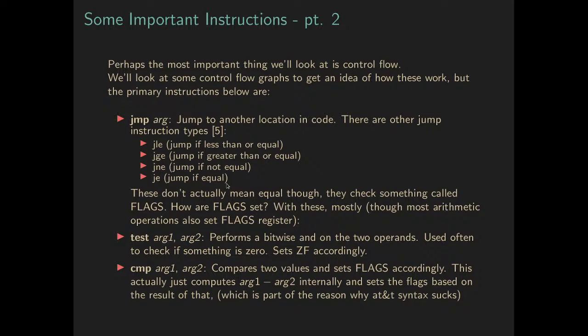So now we're going to mention what flags do. This is where the flags register comes in. Since all these jump instructions only take one argument, which is the location to jump to, how do we know whether we're comparing with less than, greater than or equal, or not equal?